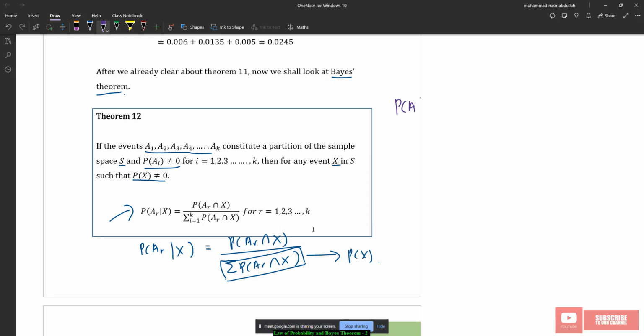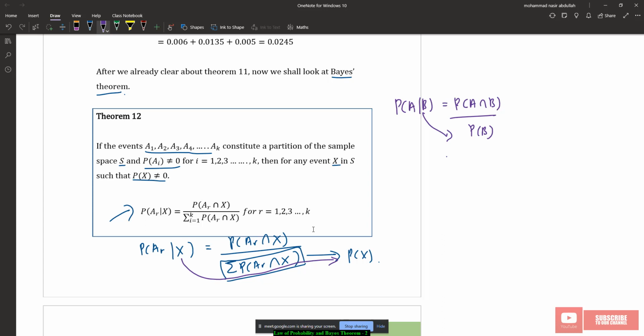Probability of A given B is equal to probability of A intersect B divided by probability B. So, do you see? If you look at this one, this should be the same as probability of X. And this one, probability A intersect X, the same thing. Right?